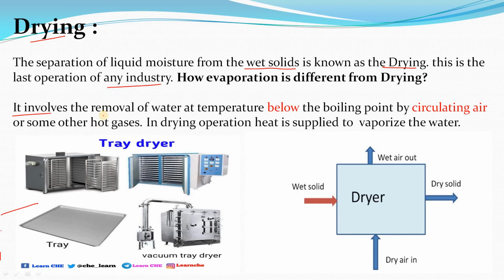It involves the removal of water moisture at a temperature below the boiling point of water by circulating air or some other hot gases. In industry we use circulation of air and other hot gases which remove the moisture from the wet solids.